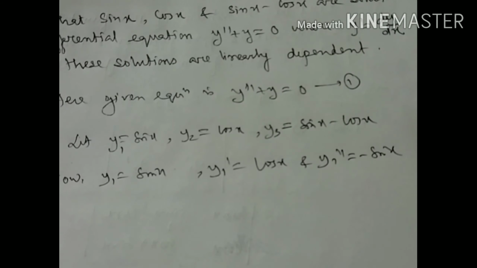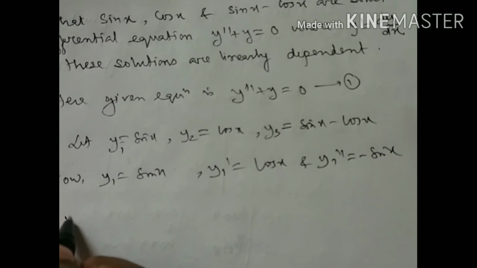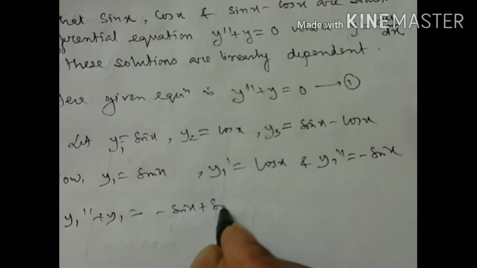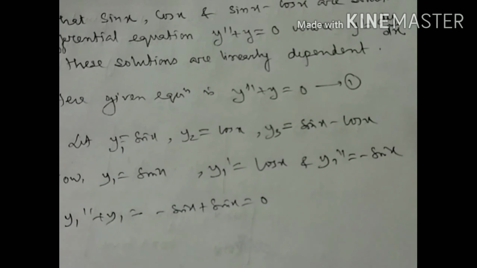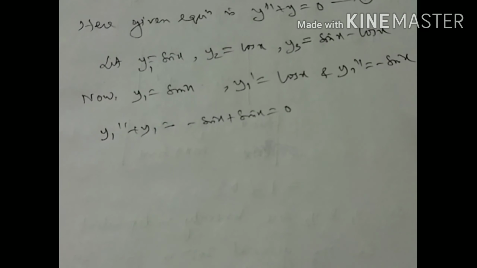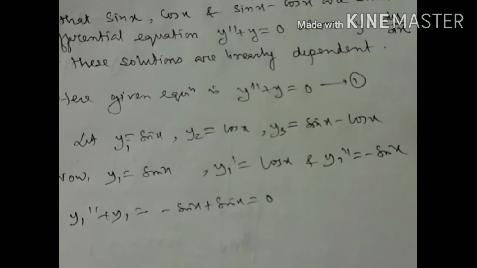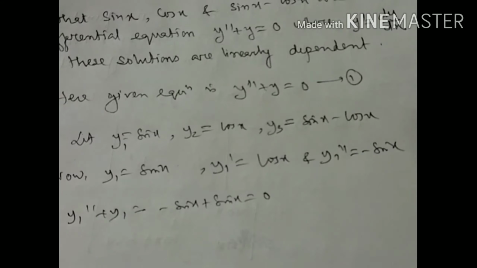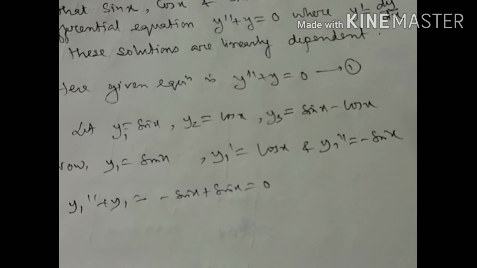If y1 is a solution of this equation, then it must satisfy equation 1. So y1 double dash plus y1 equals minus sin x plus sin x equals 0. Therefore y1 is a solution of this equation. Similarly, we can prove that y2 equal to cos x and y3 equal to sin x minus cos x are also solutions of the given equation.